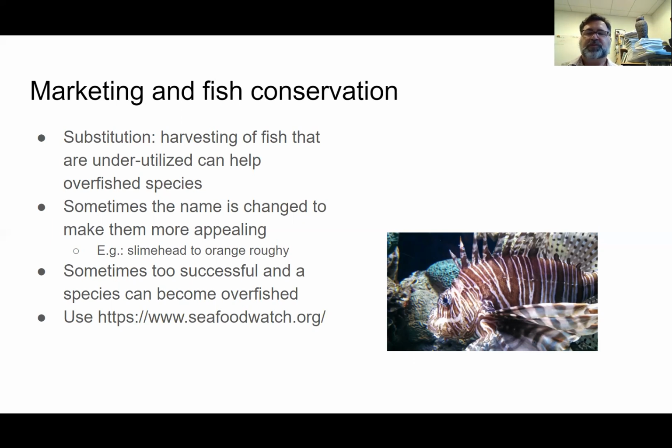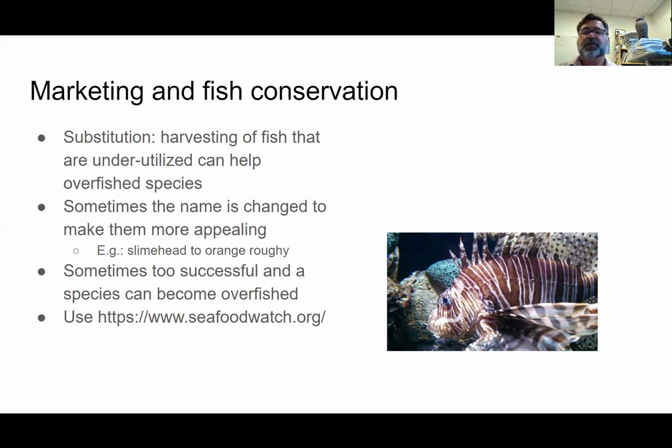Speaking of substitution, this is a lionfish. It's an invasive species on the Gulf Coast and the Atlantic coast of South America. This one's in a tank, but I have seen this species in Belize and Puerto Rico. And this is a fish that, even in the marine fishing reserves, you can take.